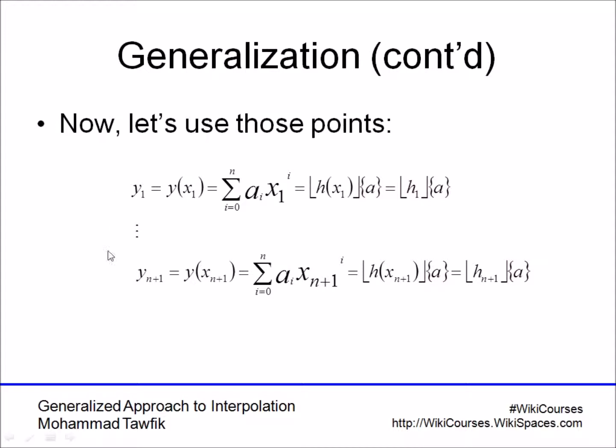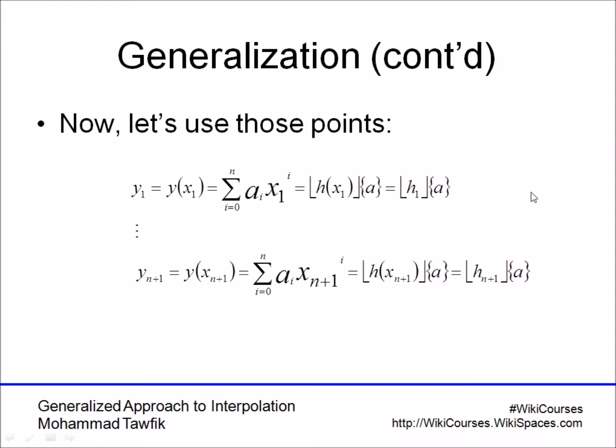If you repeat this n plus 1 times, which is the number of points you have, where n is the degree of the polynomial, of course, then you obtain n plus 1 equations. Each has h, now after substitution just numbers, and a are unknown coefficients.